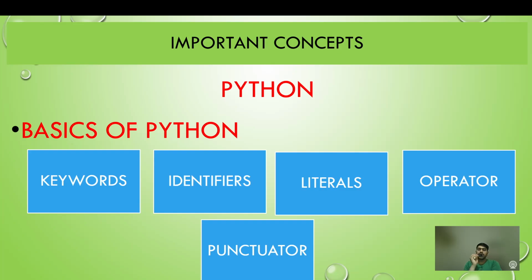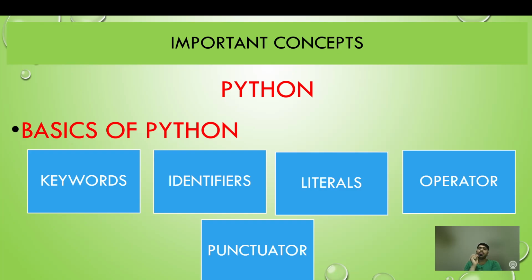Remember that Python is a case sensitive language. If you write a capital letter and a small letter, they are different, and their ASCII value is different. ASCII's full form is American Standard Code for Information Interchange. You should also know the different encoding schemes before this.